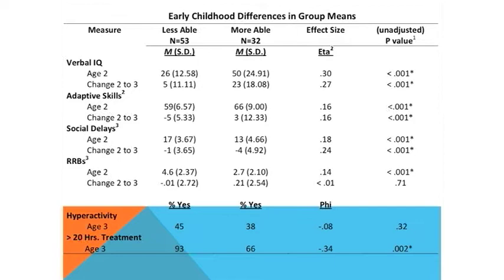If the child got more than 20 hours of treatment, which in most cases would be about 1 hour a week, then they ended up in this last group. So that we did have a significant difference between the proportion of kids in the optimal outcome group who got 20 hours or more of treatment, again, once a week or more, but not much, okay, versus the more able group.